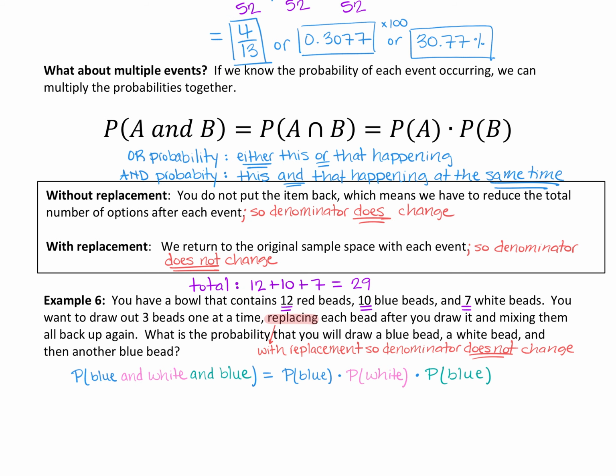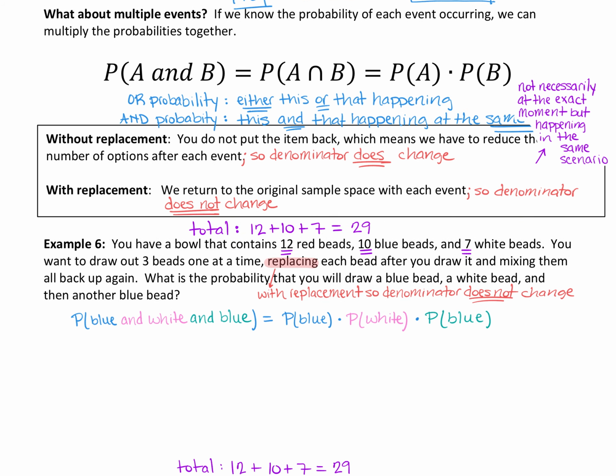All right, so we talked about or probability. So either this or that happening. Now let's talk about and probability. That means this and that happening at the exact same time. And this is the formula for and. The probability of A is being multiplied by the probability of B. And there's two different scenarios with the and.